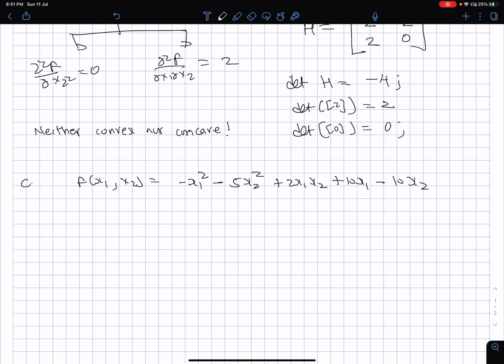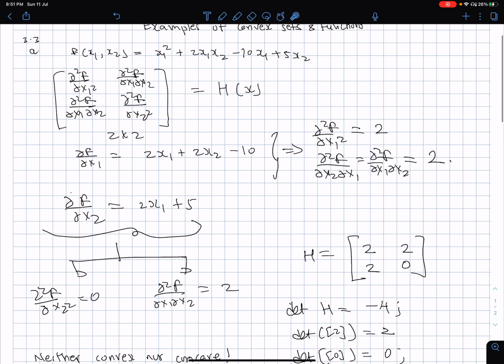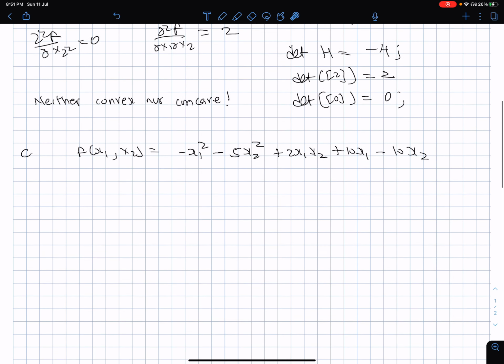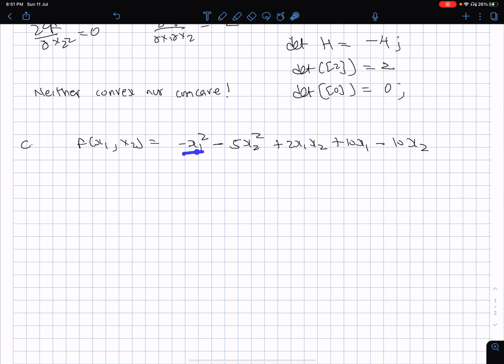I have a doubt that this matrix may be negative semi-definite, and therefore this could be a concave function. In the first case, I was thinking of the possibility of a convex function because the second derivative was obviously positive. Here the second derivative is minus 2 and minus 10, so the two diagonals.